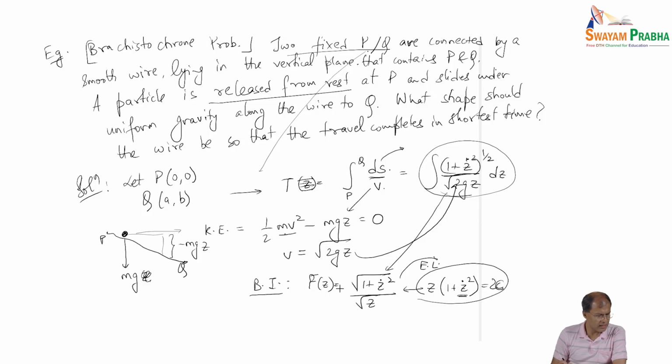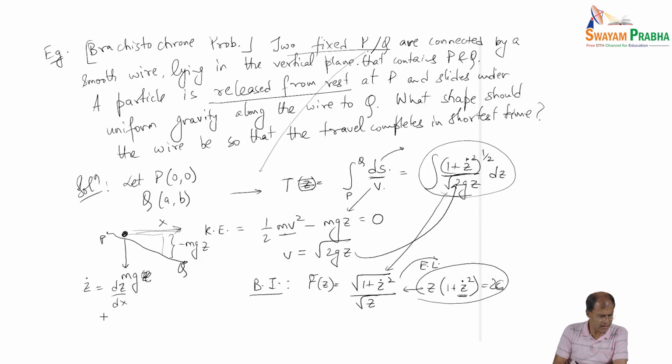If we do that, we see the following equation emerge. Remember, z dot here is dz/dx. That is the rate of change of vertical distance as the particle is moving horizontally, right?